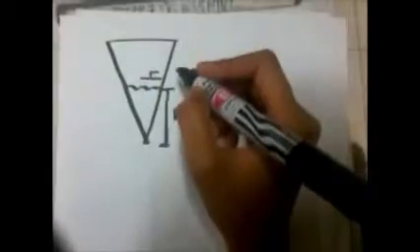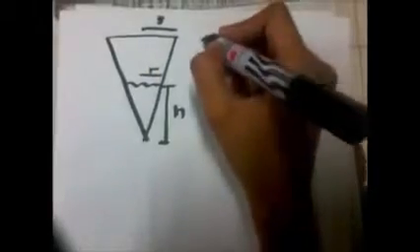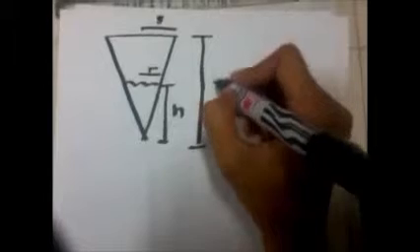So it's given that the radius of the tank is 5 and the height of the cone is 14.